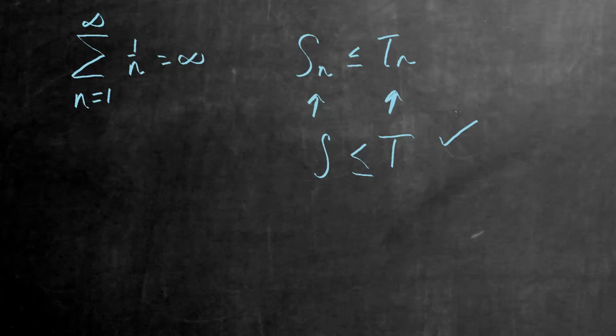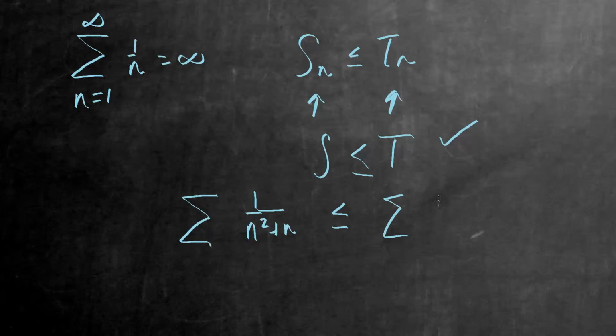So therefore, if I have the sum of 1 over n squared plus n, that must be less than or equal to the sum of 1 over n squared. n is a term number, so it's going to be a positive integer. So therefore, 1 over n squared plus n has to be bigger than or equal to 1 over n squared.